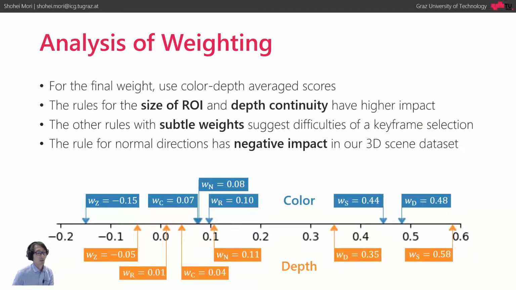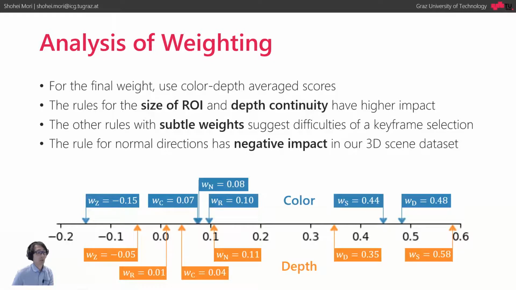For the final weight, we average the scores of color and depth, but here let me show you the individual results. As a short summary, the rules for the size of region of interest and depth continuity have higher impact. The other rules have subtle weights, and this suggests difficulties of keyframe selection, especially when the two major rules do not show differences over frames.